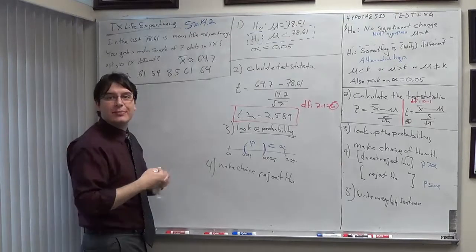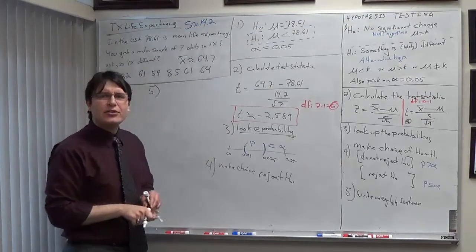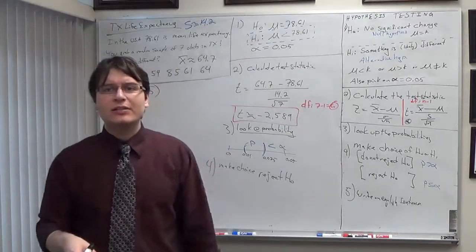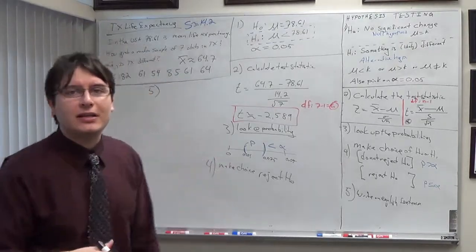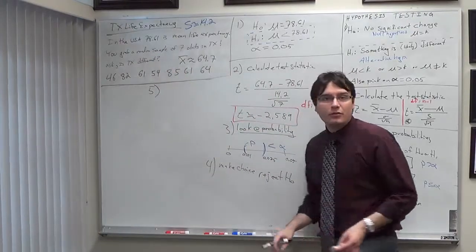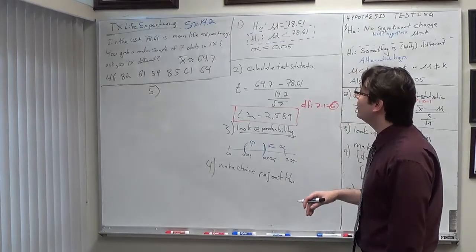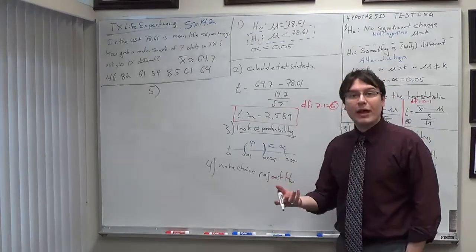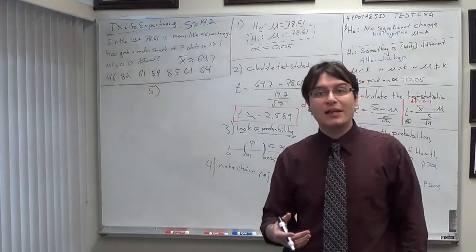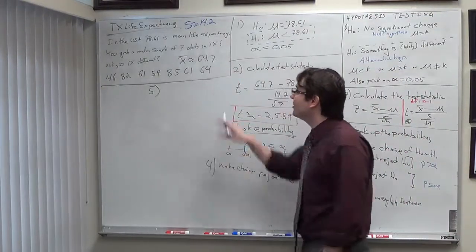We'll go ahead and put step 5 over here in the corner so it's a little bit higher so I can write it better. My English sentence is going to be something along these lines, and it's always good to go back to the beginning and take a look. We knew that the US mean for life expectancy was 78.61. We knew that we had grabbed a random sample of 7 people in Texas, 7 obituaries in Texas, and found a mean of 64.7 for the sample.